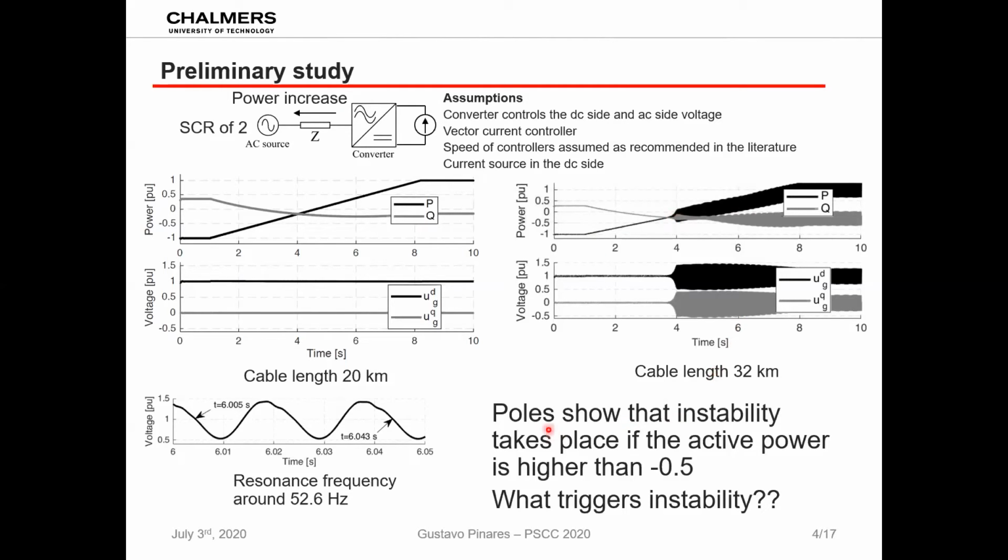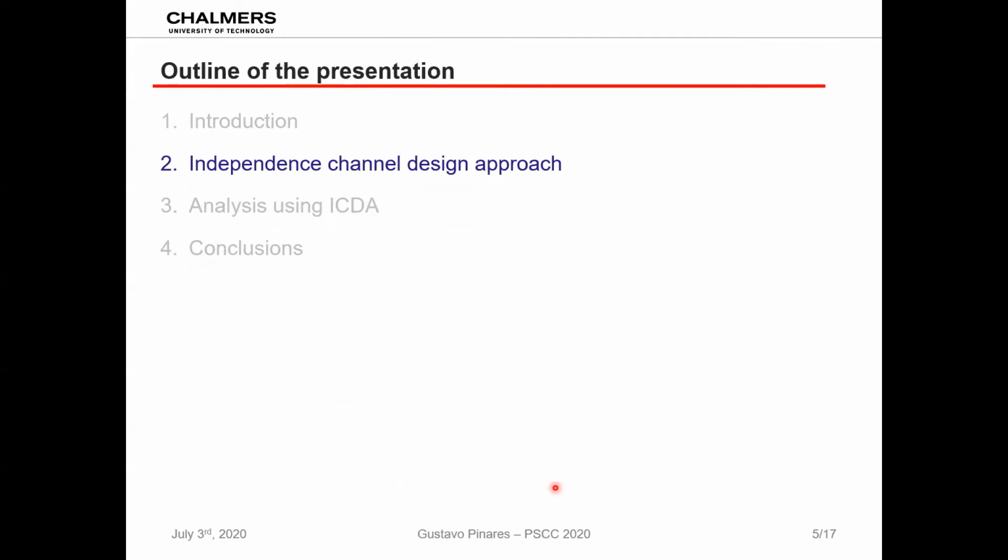If we look at the poles of the system, we get unstable poles when the power is higher than minus 0.5 per unit, and the resonance frequency is about 52.6 hertz. So the question is, what triggers instability? What is the phenomenon going on here, and what is the participation of each subsystem in the instability mechanism?